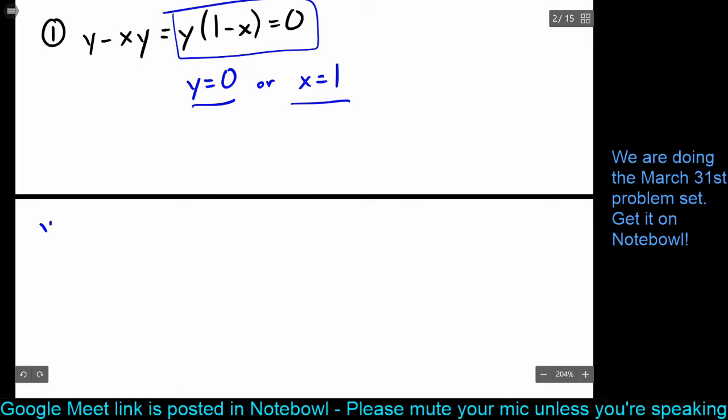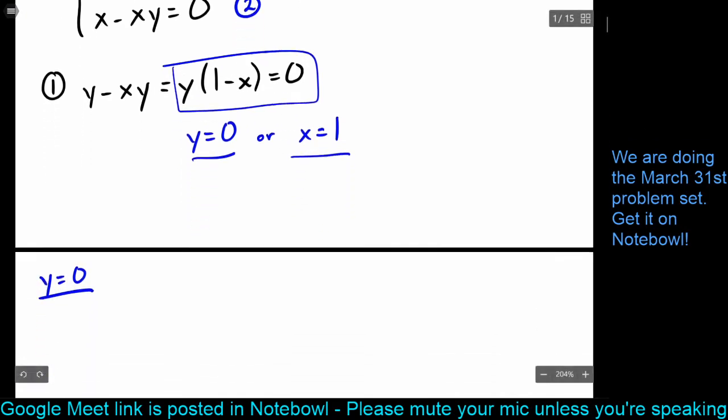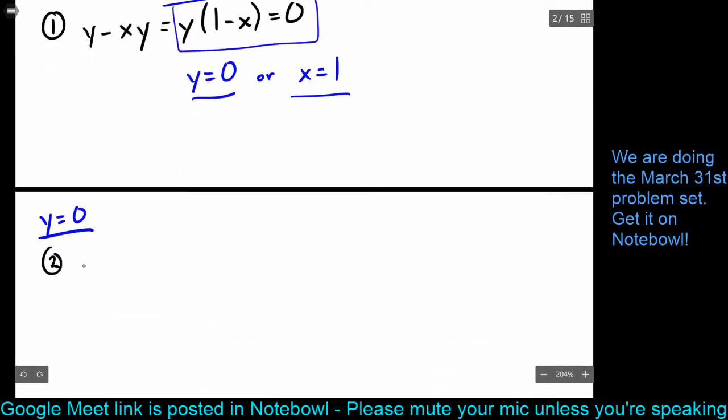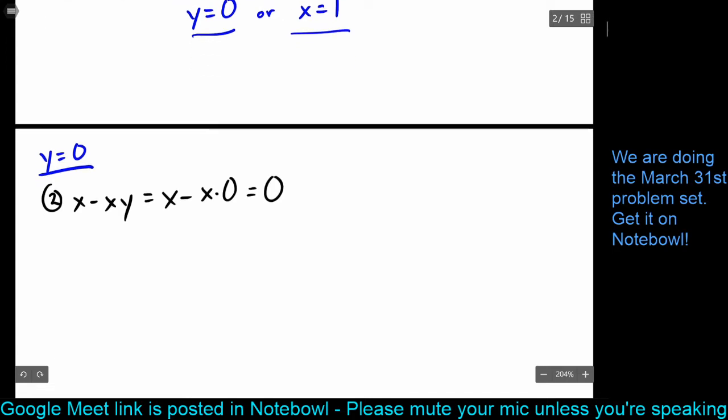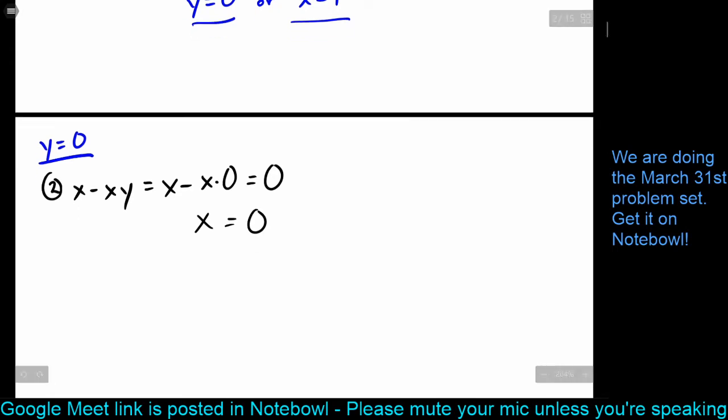So for y equals 0, what needs to happen there? Let's go back to equation 2. Equation 2 is x minus xy, which is now x minus x times 0, and that needs to equal 0. But this is just telling us that x has to equal 0. Cool.